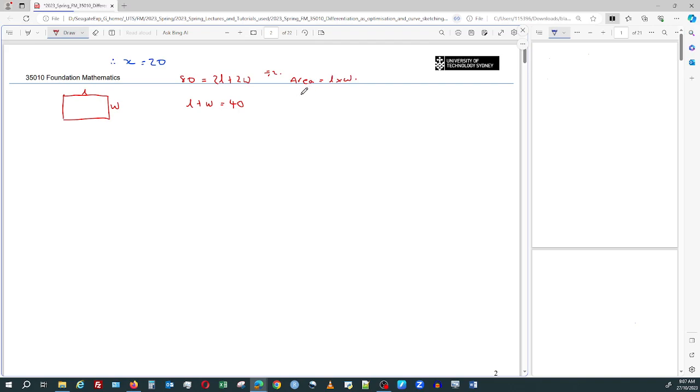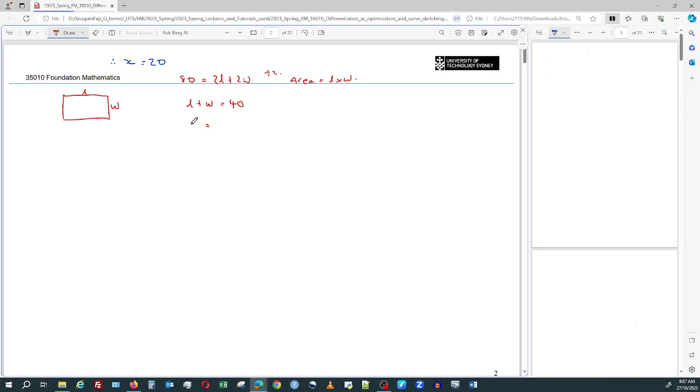and that's the function that we want, but it's no good having it in terms of one variable. So we can take the area as a function of length, and so length would be equal to 40 minus the width, or actually we'll make it width is equal to 40 minus the length.